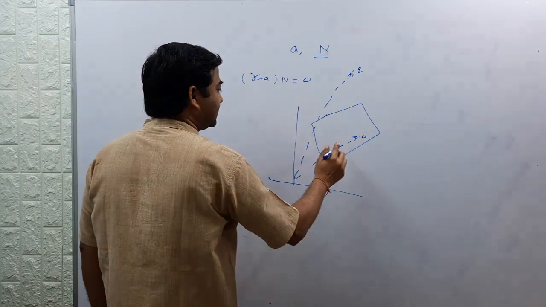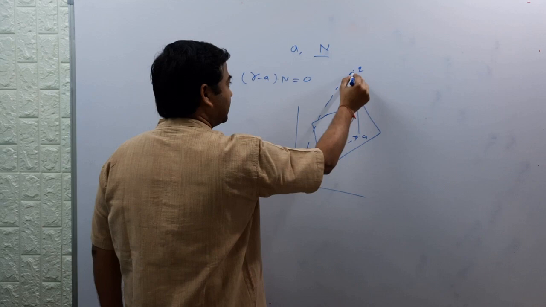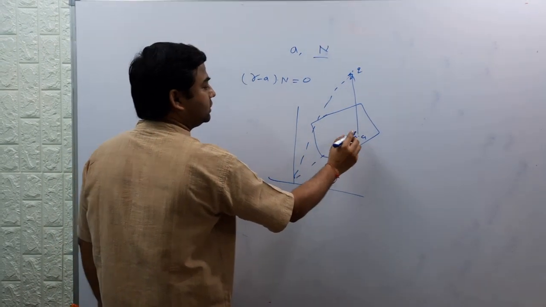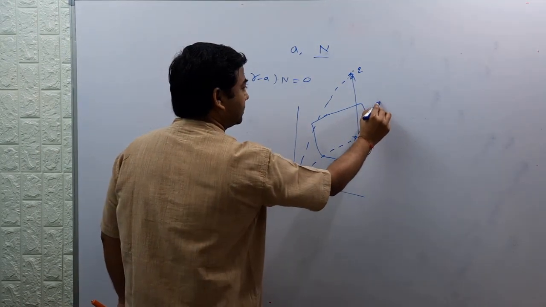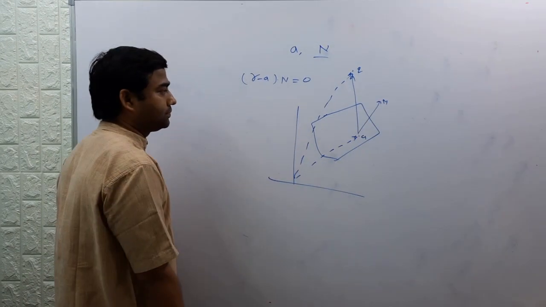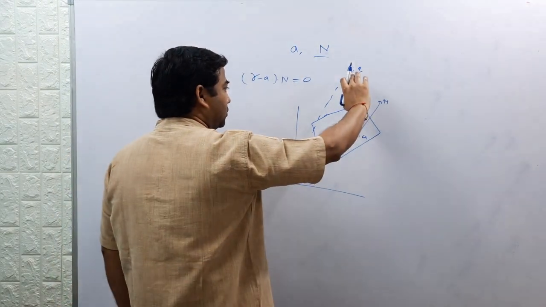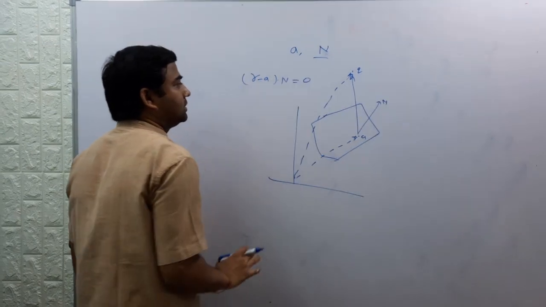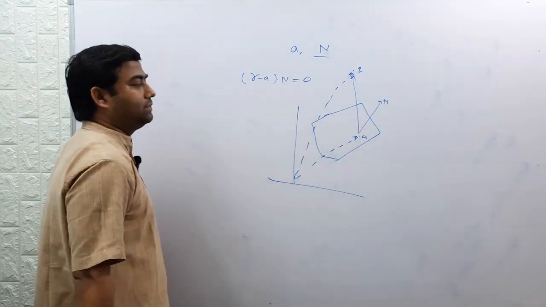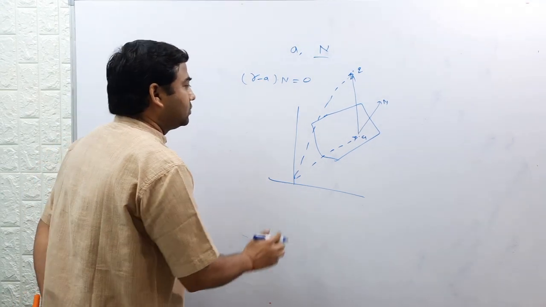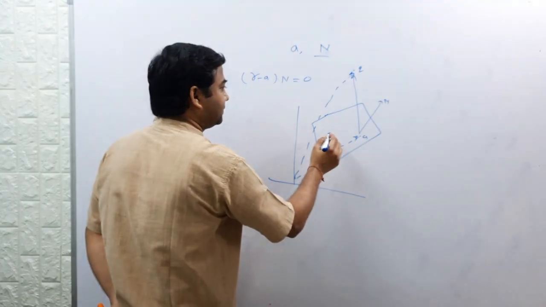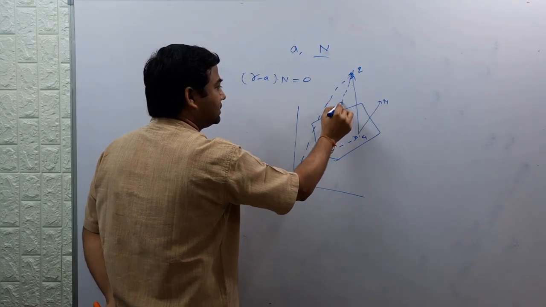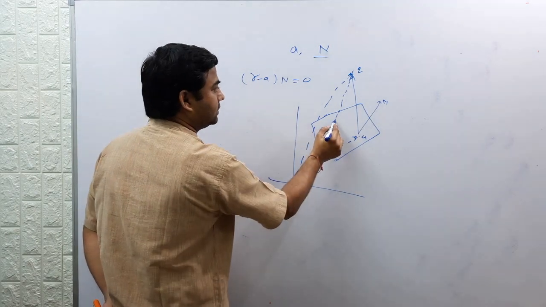So q minus a is this vector. n is another vector which is perpendicular to this plane. We have to find the perpendicular distance between Q and the plane.